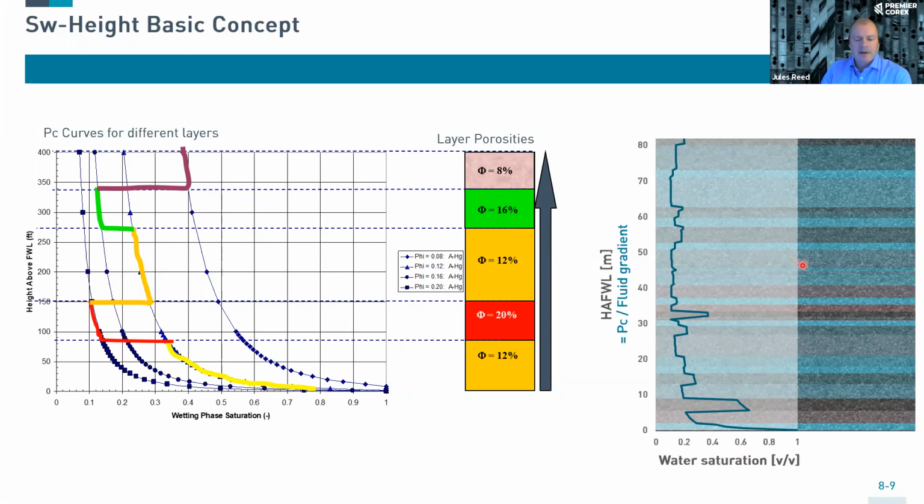And the case on the right here is some alternative data where each of these different stripes is a different layer with different rock quality. And so as we go through that, we observe different saturations as we enter into each of those layers.